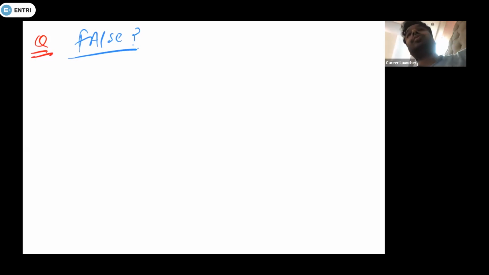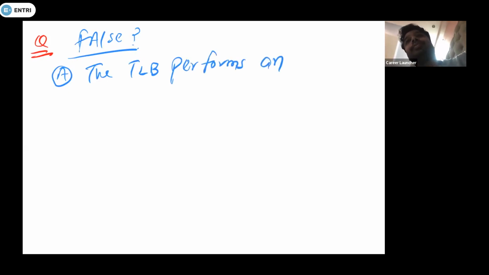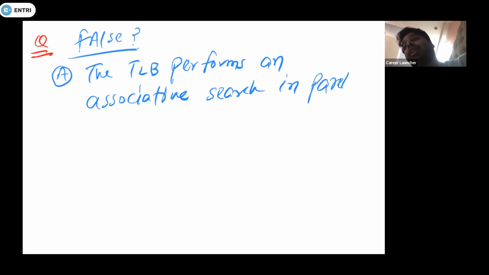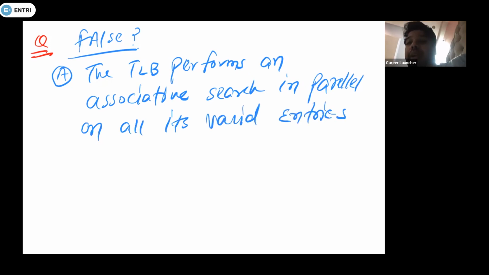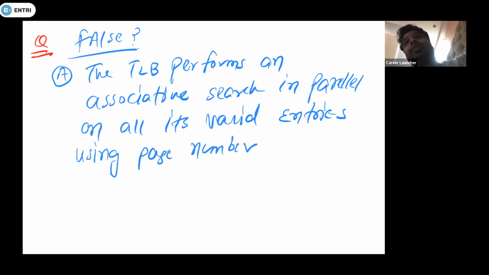Option A is that the TLB performs an associative search in parallel on all its valid entries using the page number of the incoming virtual address.